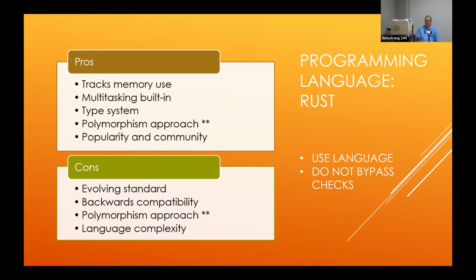Now, in particular, one of the things that Rust is designed to do is identify those kinds of problems that are generally found in applications and force the programmer into sort of best practices. So, for example, it essentially has what is called a borrow checker.